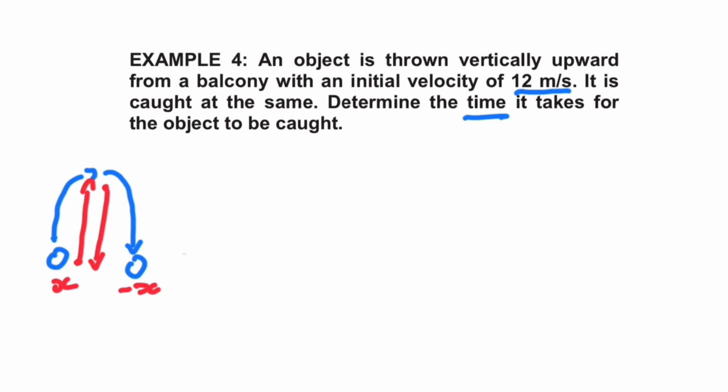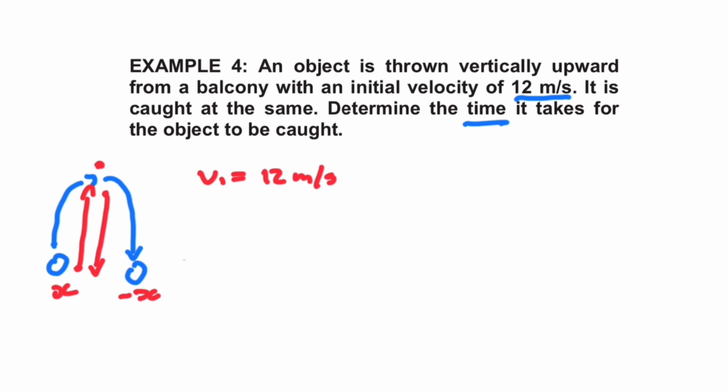So the initial velocity vi is equal to 12 meters per second. Why is it positive? We're taking up as positive like we always do. So that is where we are starting. Vi is equal to 12 meters per second. And then at the maximum height, we know that Vf is equal to 0 meters per second all the time at the maximum height.